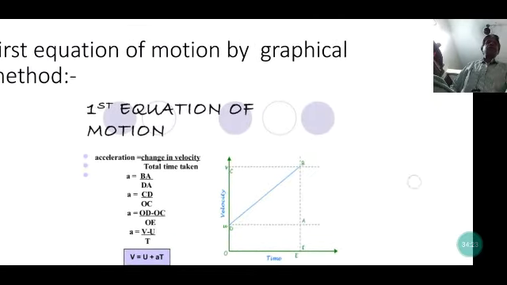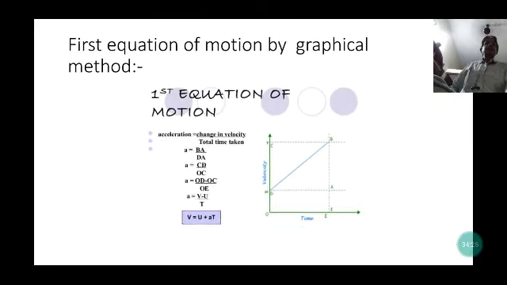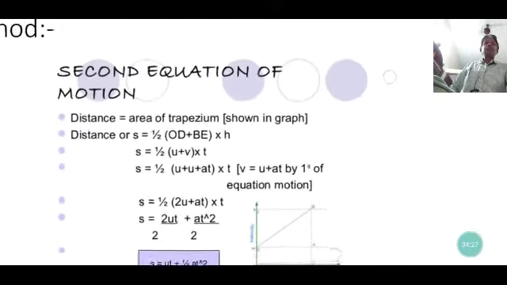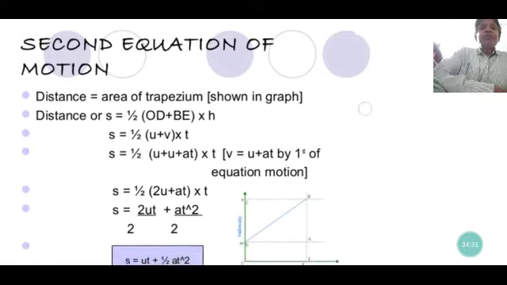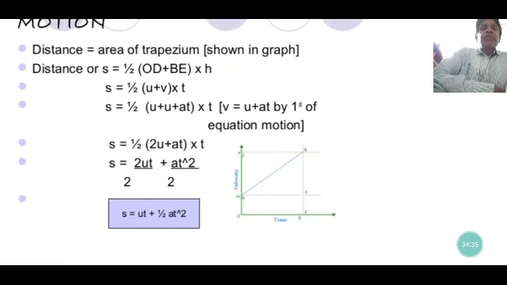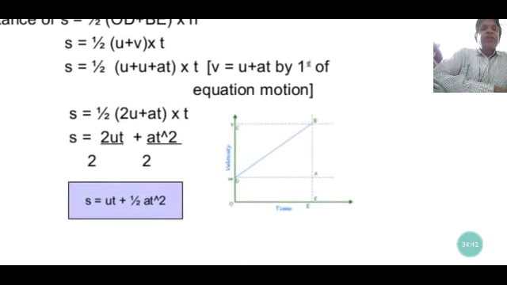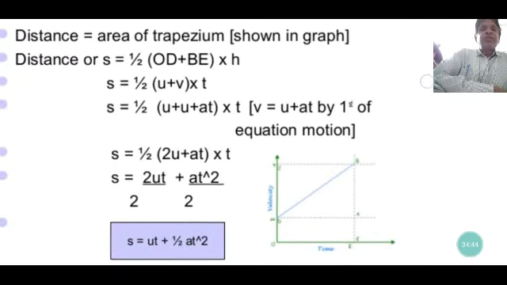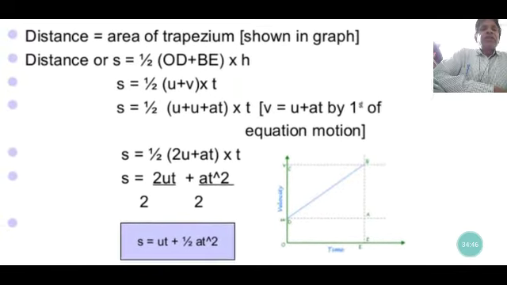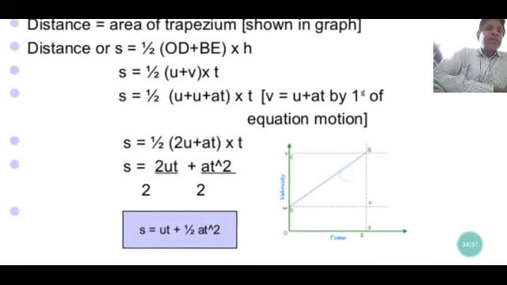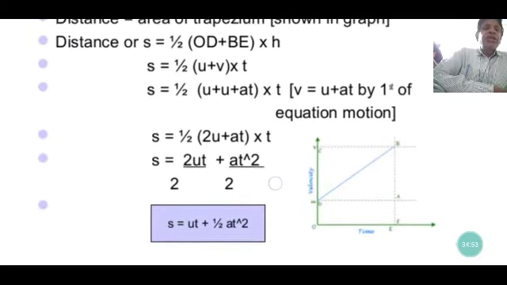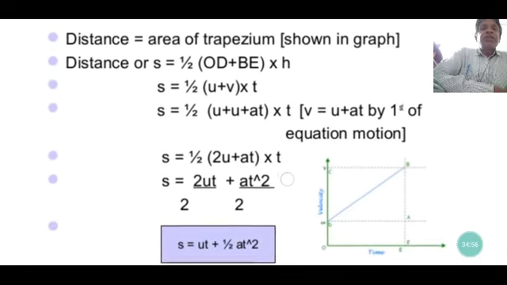Second equation, now look here. The second equation of motion. We know that the distance, or magnitude of displacement, is given by the area under the velocity-time graph. This velocity-time graph gives the value of the distance travelled, the displacement.